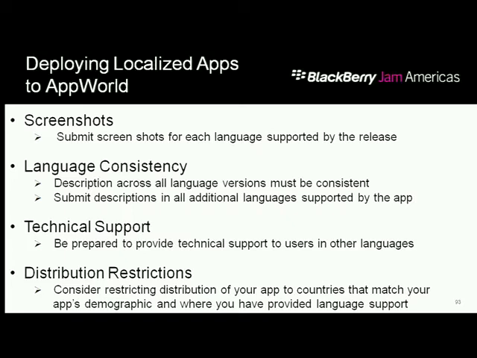You need to submit the screenshots in each language that you need to support. You also need to ensure that your application description is consistent across all the languages you are supporting. You need to be prepared to provide the required technical support in the required languages. And you also need to ensure that your application is available in the language in the region it's actually intended for.